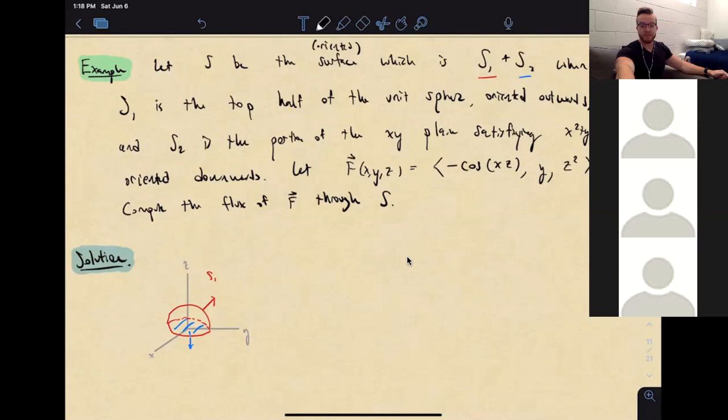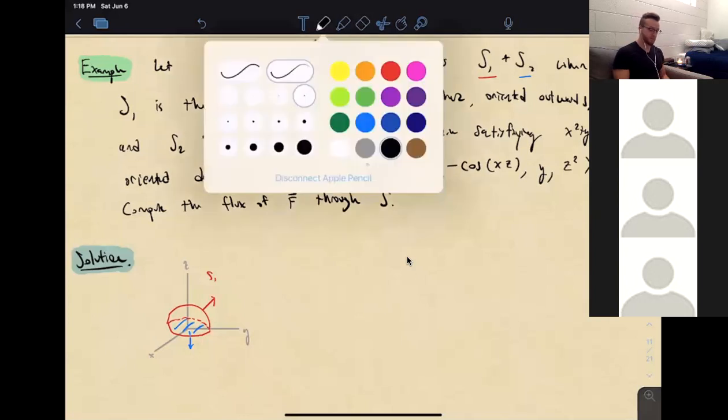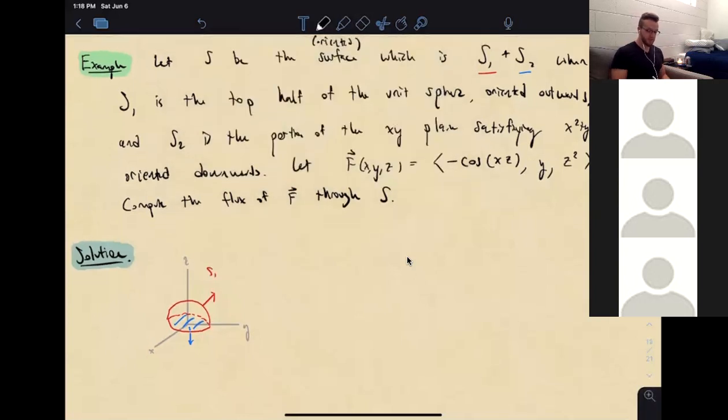Okay, so I think you guys are saying divergence theorem, which seems good because this is a closed surface. It encloses a region. So we could try computing the flux directly by parameterizing both surfaces and doing them individually. But this is what the divergence theorem is built for. So let me remind you of the statement of the divergence theorem.